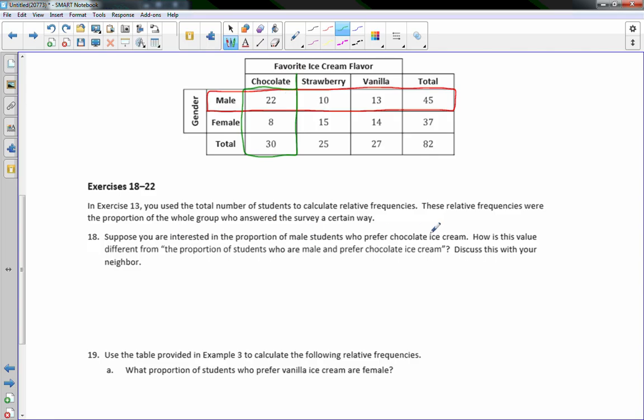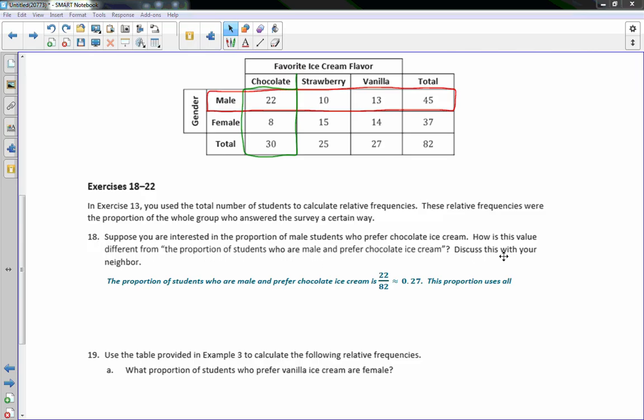What proportion of males preferred chocolate instead of what proportion of the males preferred chocolate? See the difference? Okay, so it can get a little tricky here. Male students who prefer chocolate ice cream. So the preference is the column.